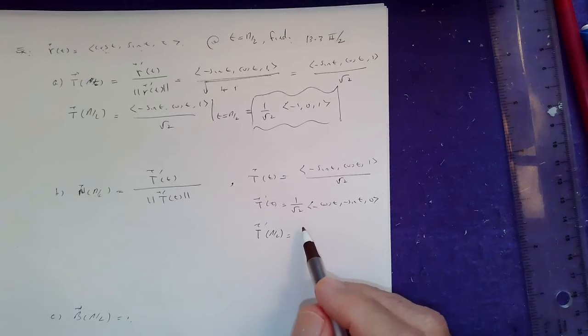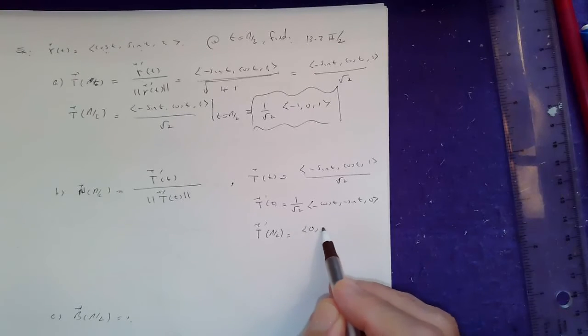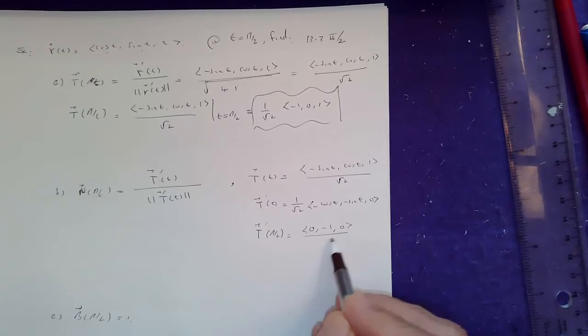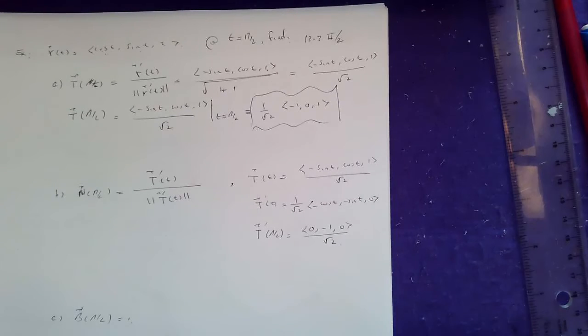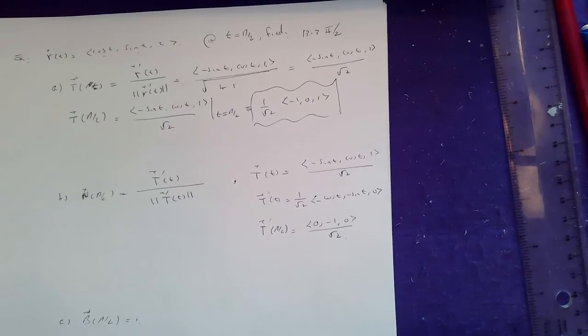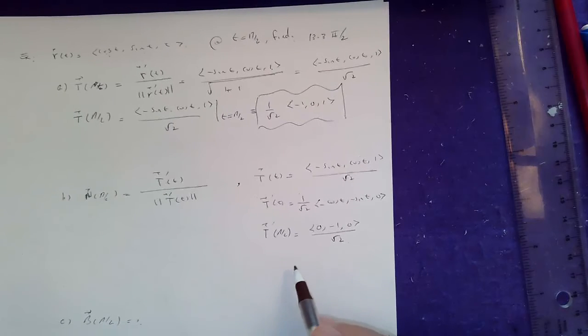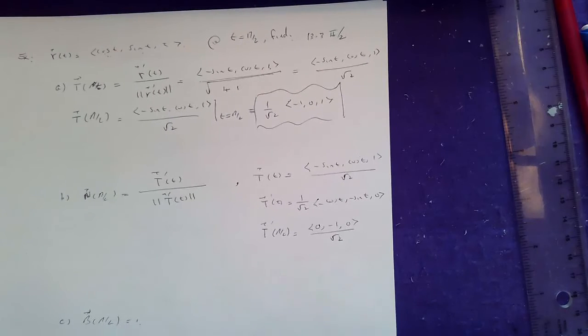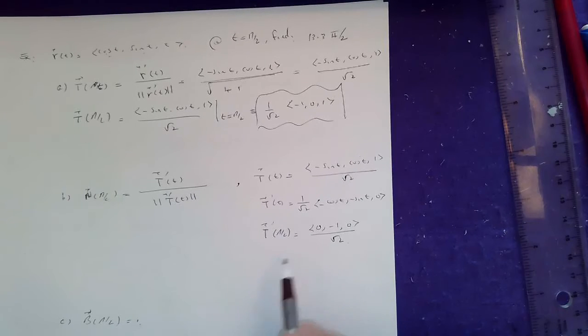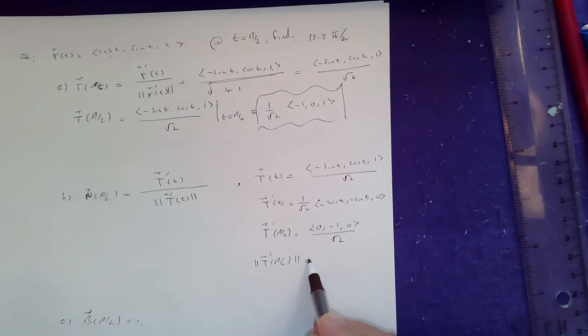You get (0, -1, 0) over square root of 2. There you have it. So that's T prime. The magnitude of T prime at pi over 2 comes up to 1 over square root of 2.